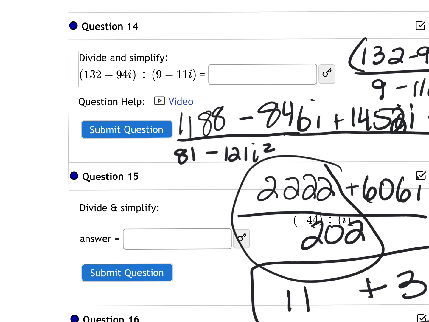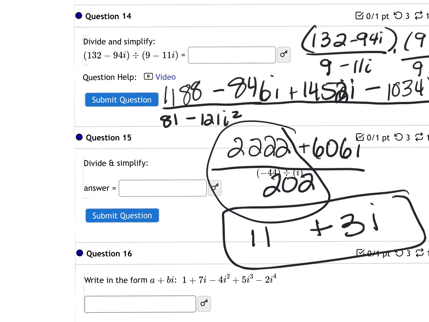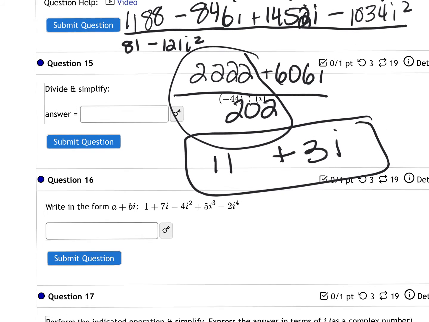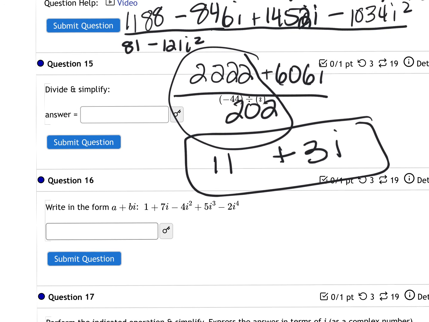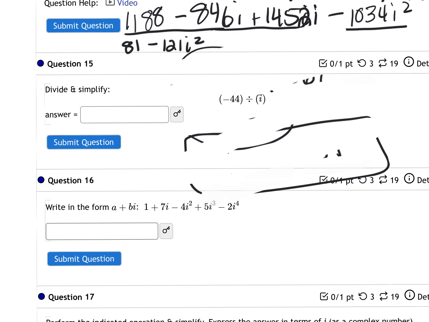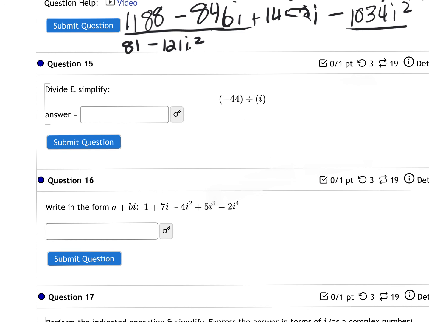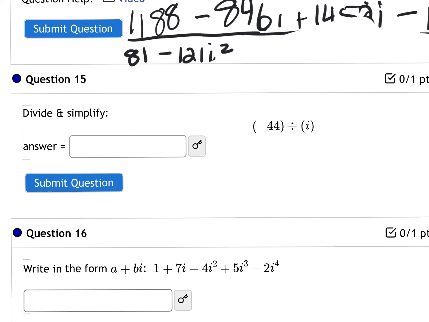I need to erase this a little bit because I wrote over the new problem. All right, 44 divided by i.